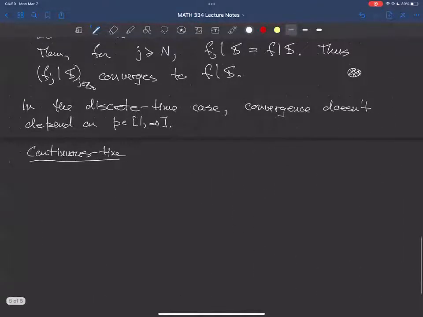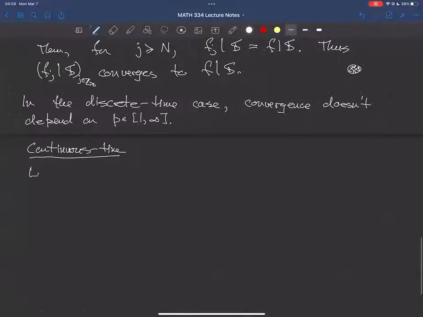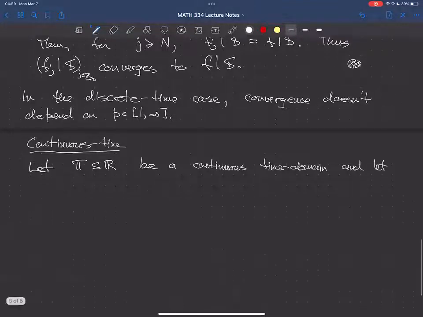So here we're going to let T be a continuous time domain, meaning an interval. And as always, F is in our set of scalars.